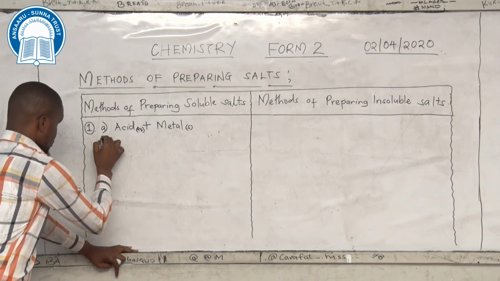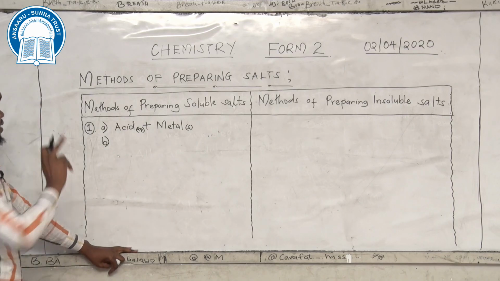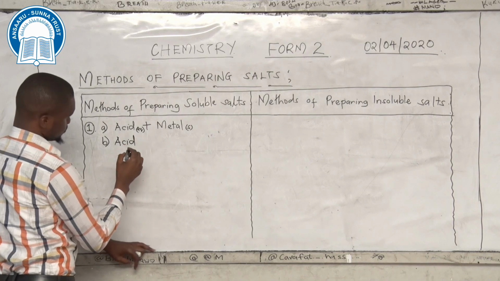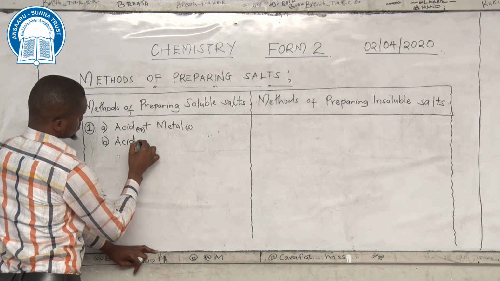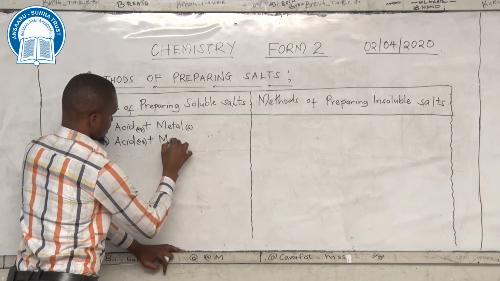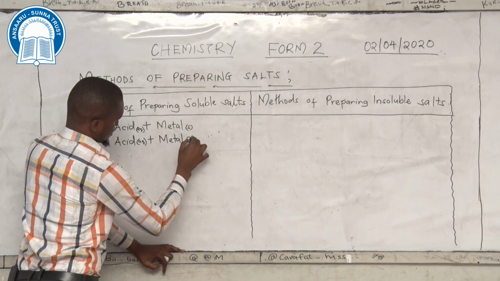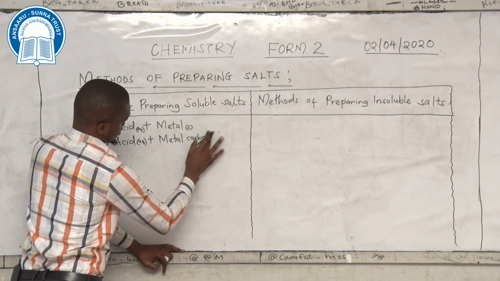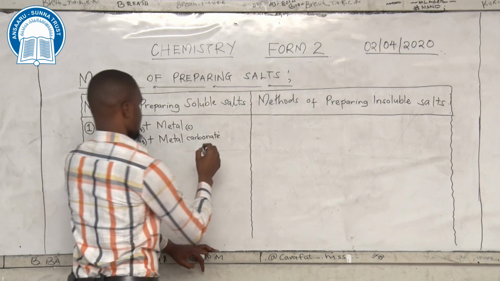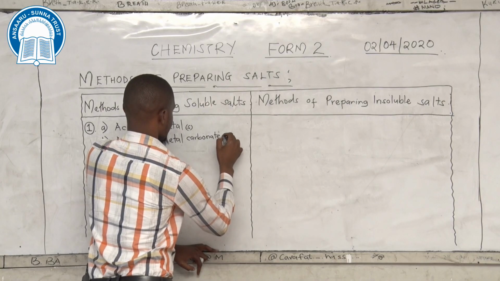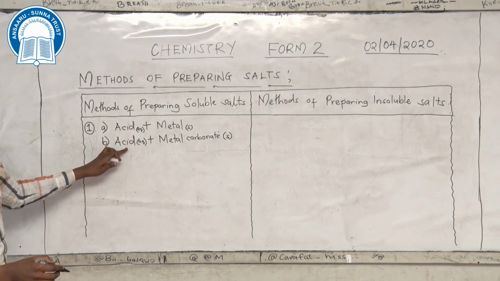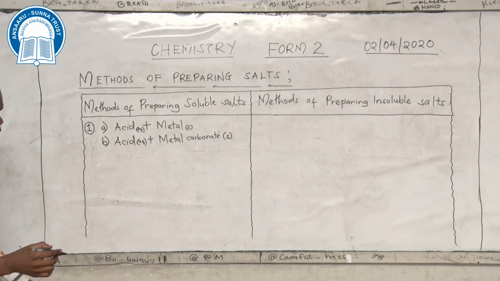Method number two, which falls under category 1, is still an aqueous acid plus a metal carbonate. A metal carbonate again is a solid, and we'll get to know why all of them are placed under category 1.